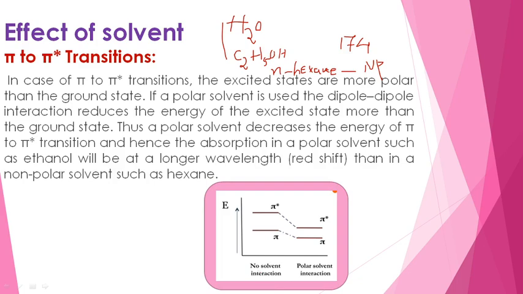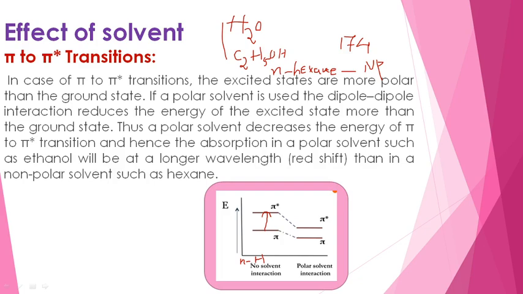No solvent interaction means the solvent taken here is a non-polar solvent, that is N-hexane. Simply I am writing NH. When the compound is investigated in N-hexane, you will find the pi to pi star transition.